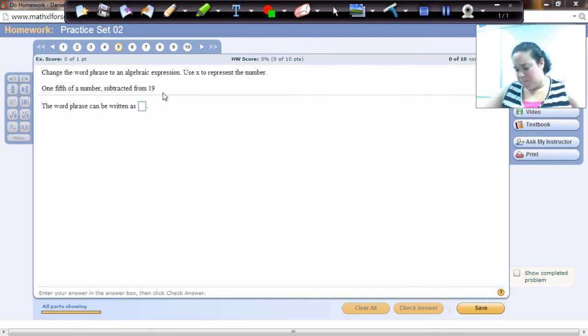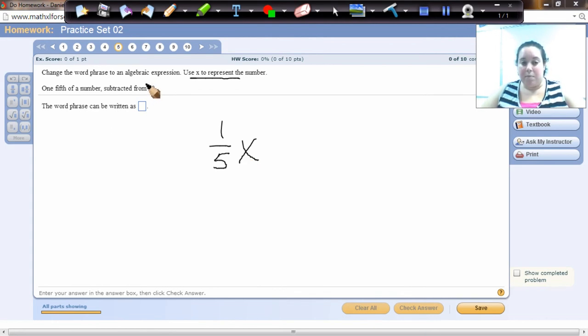Okay, so let's break this down one step at a time. 1/5 of a number. Of means times, so 1/5 times a number. They say to use x to represent the number, so 1/5 times x, okay, subtracted from 19.